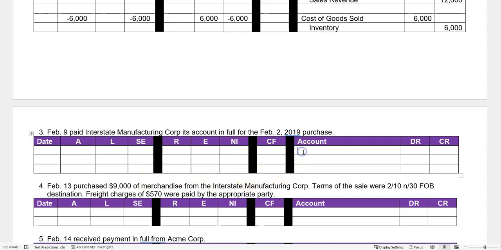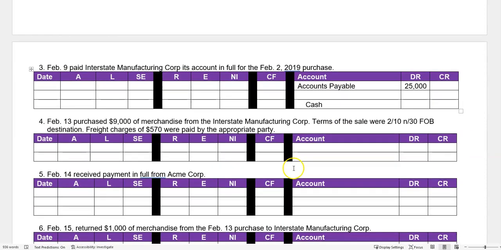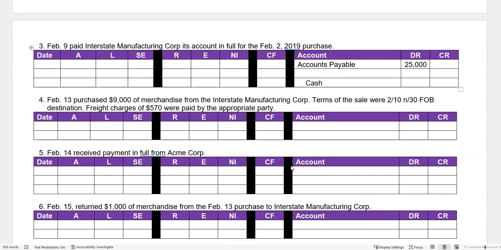So what's going to happen here? Well, one, we're paying off the amount we owe. So we're going to remove the $25,000 because we're paying it in full. Now, are we going to send them that amount in cash? Absolutely not. How much cash are we going to send them? Well, here, if you look at it, we're going to get a discount of 2%.